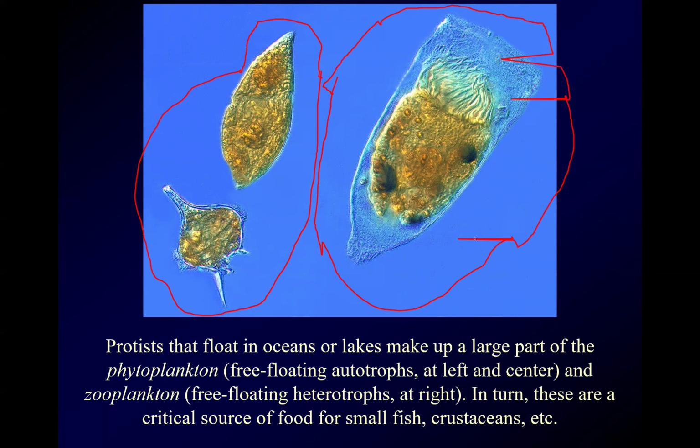Zooplankton eat phytoplankton, and then zooplankton themselves will get eaten by things like tiny shrimp and baby fish, and those get eaten by bigger fish, and those get eaten by even bigger fish, and those get eaten by tuna, and those get eaten by you if you had a tuna salad sandwich for lunch yesterday.